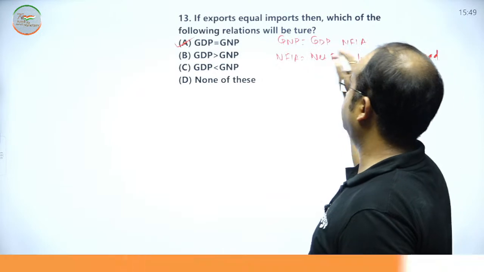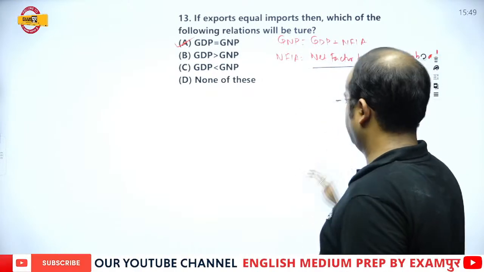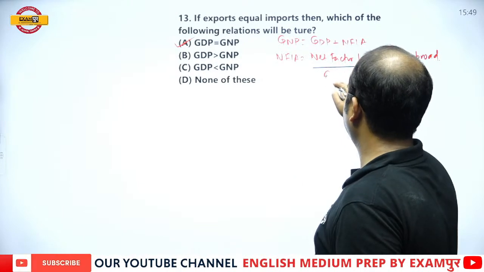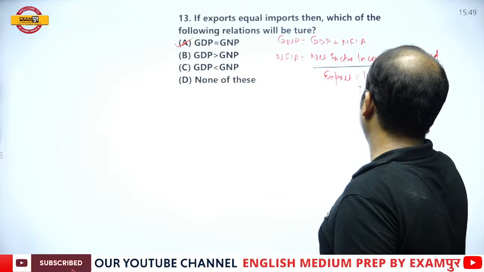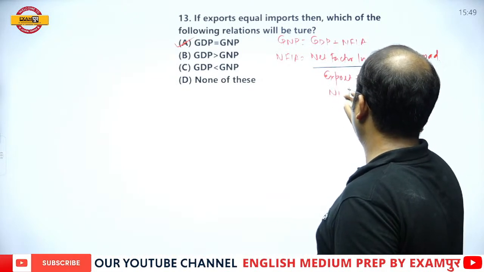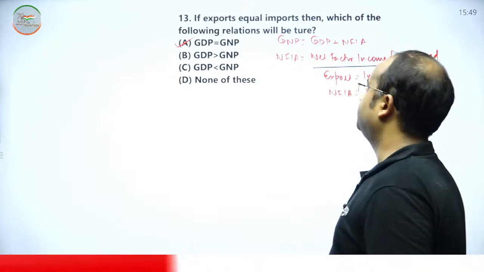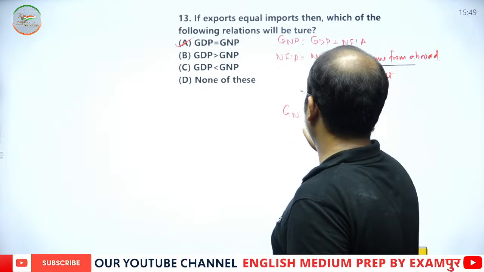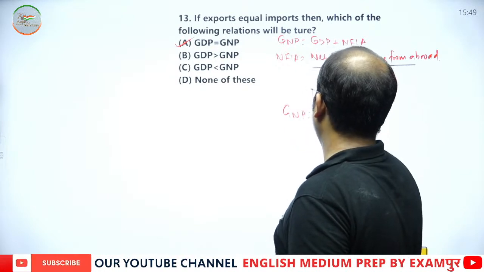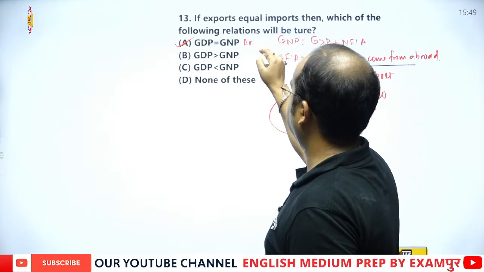If export is equal to import, then NFIA will become 0. And once NFIA is 0, then GNP is equal to GDP. Therefore, the correct answer will be option A.